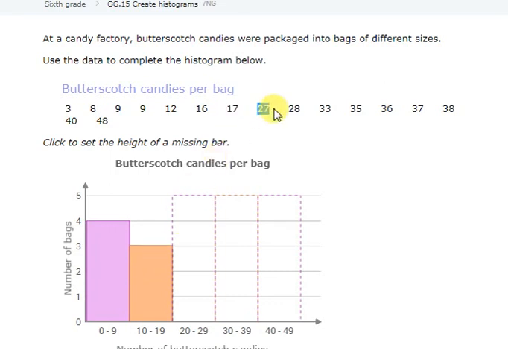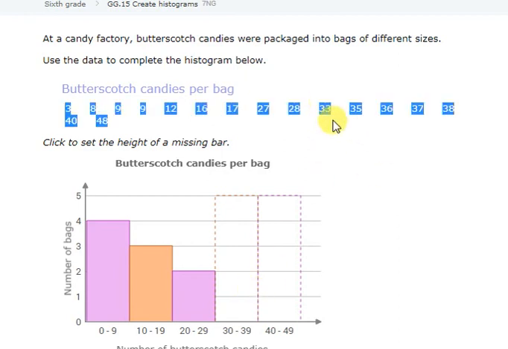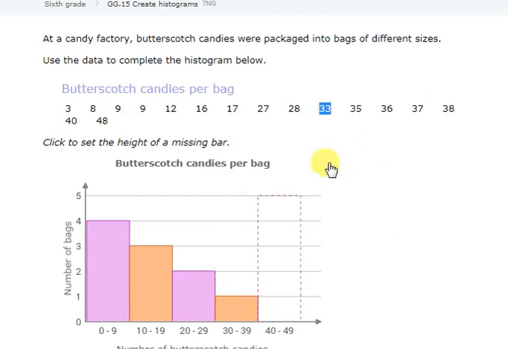Then 27 in this, 28 in this, then 33 in this, 35 in this, 36 here, 37 here, 38 here, 40 here, and 48 also here.